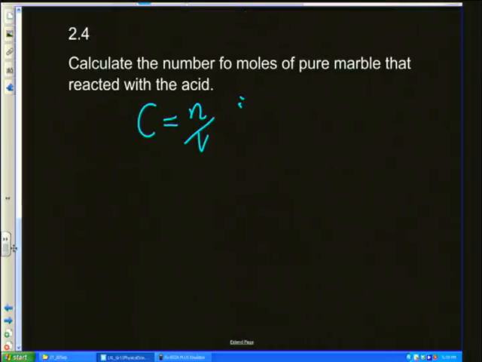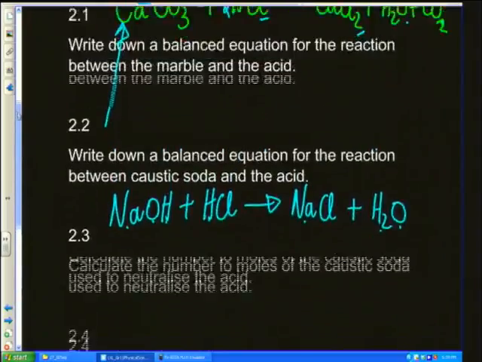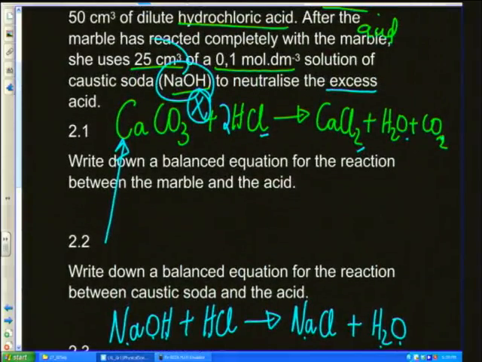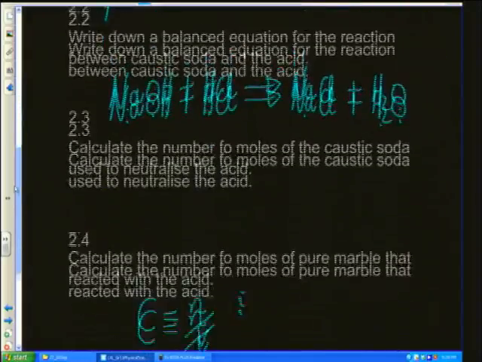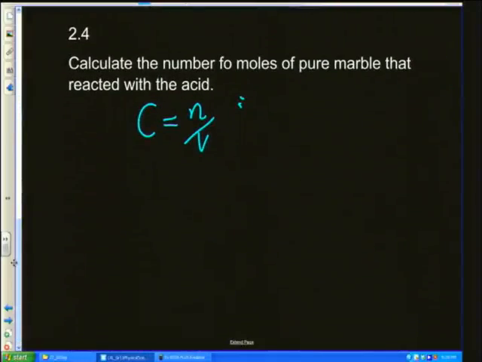Okay. Now, this student used a volume of 25 cubic centimeters to neutralize the acid. So 25 cubic centimeters, you divide that by 1,000, which will be 0.025. Okay? Or you can just say this will be 25 by 10 to the power minus 3.